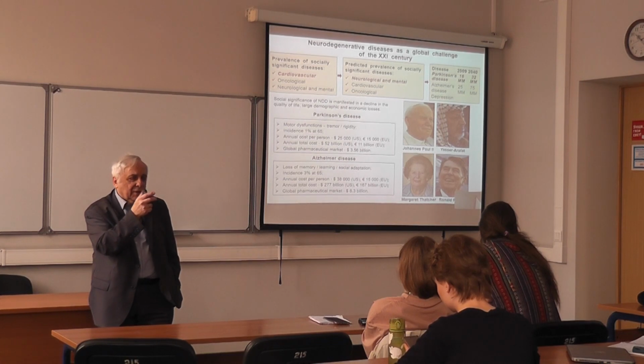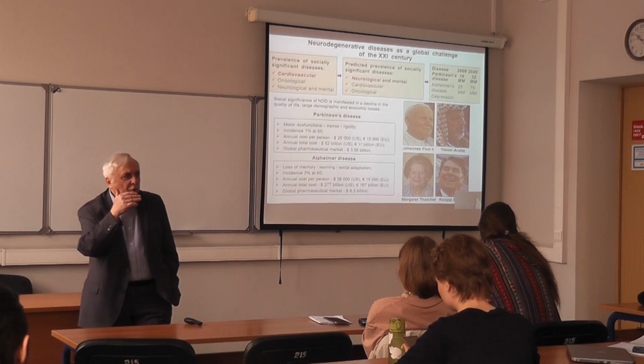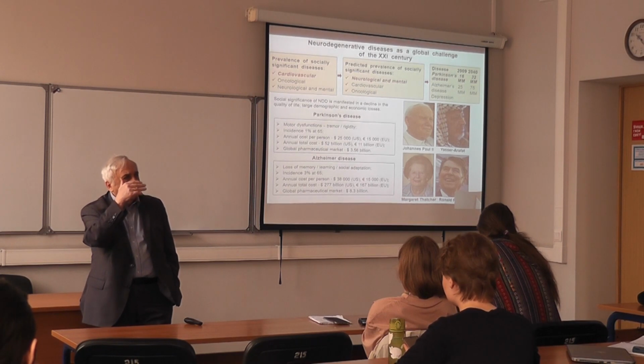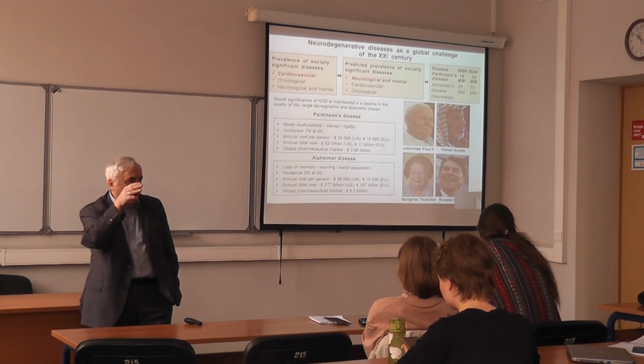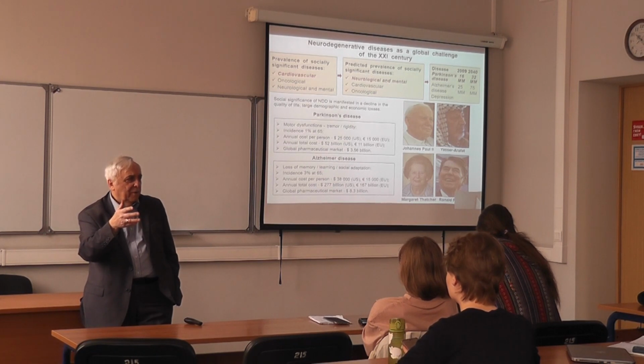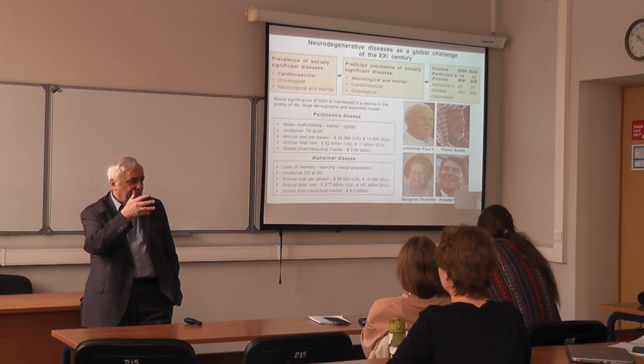But what is important is that even if there is a predominant degeneration of neurons which are responsible for movement, there is a general systemic degeneration of other neurons in Parkinson's disease, including neurons which are involved in the regulation of memory and learning. And therefore, in Parkinsonian patients, we also see the loss of cognitive function.